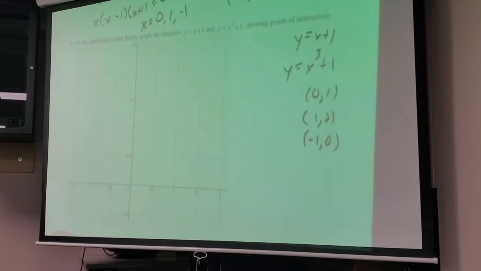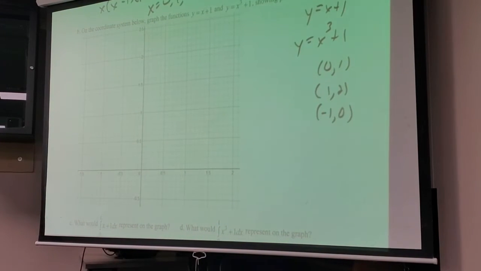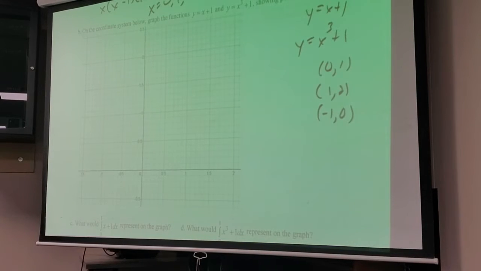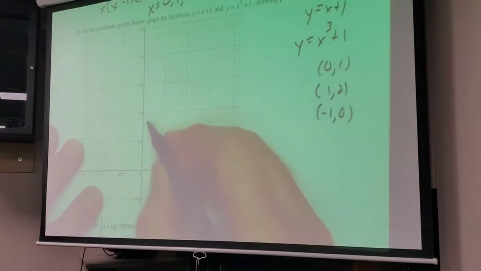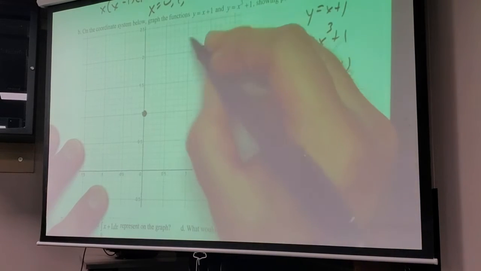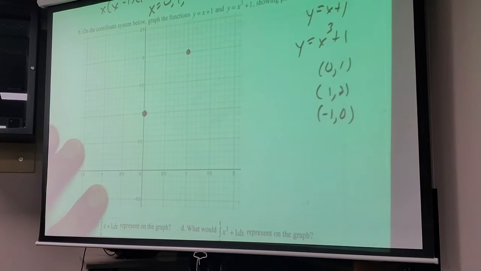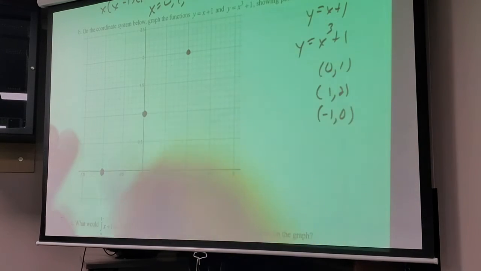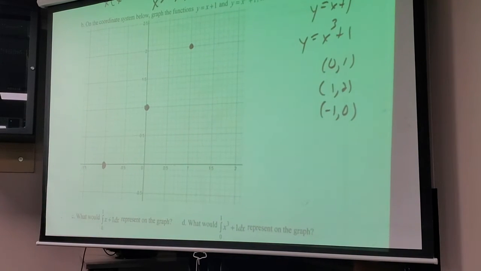Now, if you go to graph these, (0, 1) is a common point to both. (1, 2) is a common point to both. (-1, 0), I can see there's the straight line. That's nice.